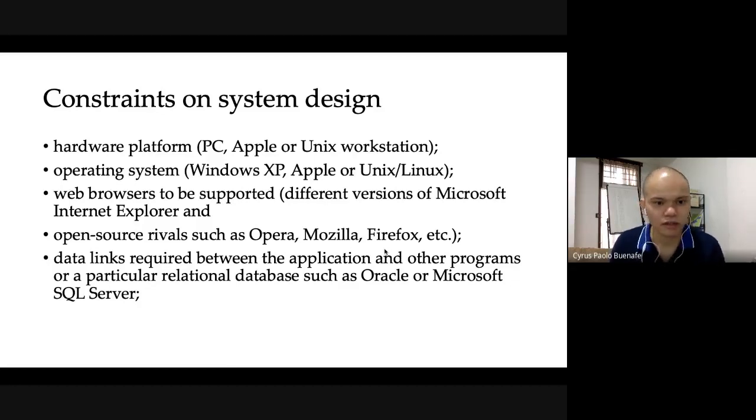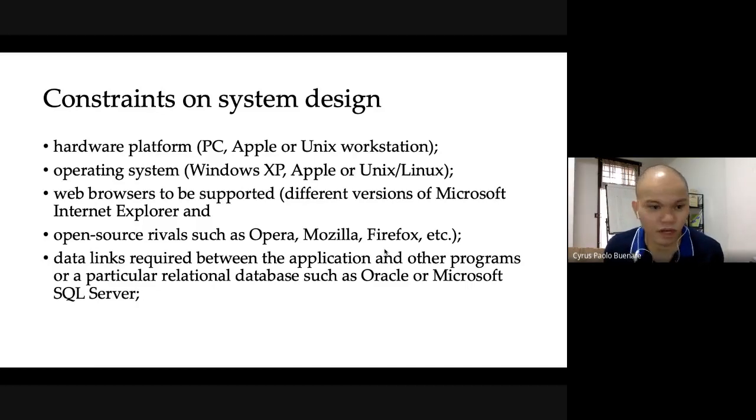That's also a constraint. Web browsers, especially for web-based applications, what web browsers are there? Naturally, this shouldn't be much of a problem, but they tend to come up in situations. Data links, so the interfaces between the application and the database.